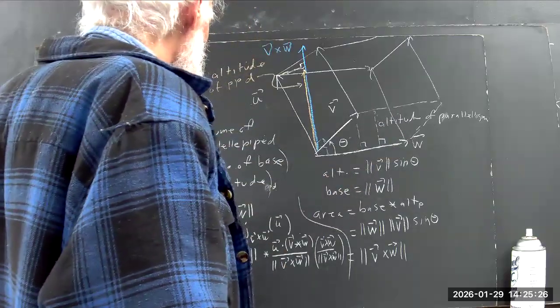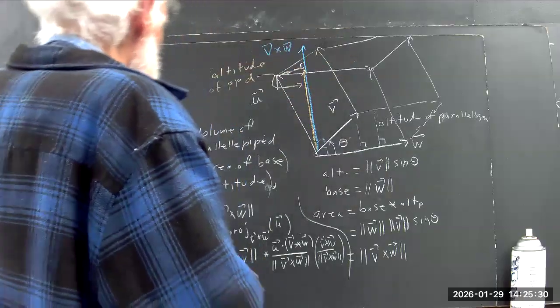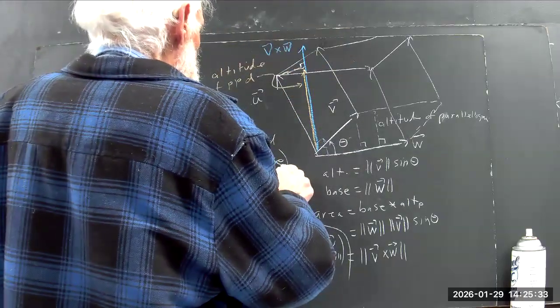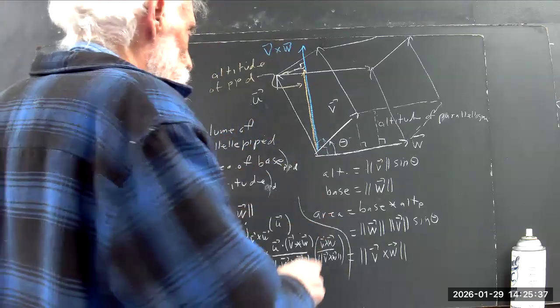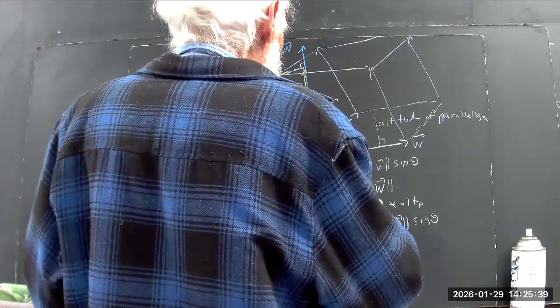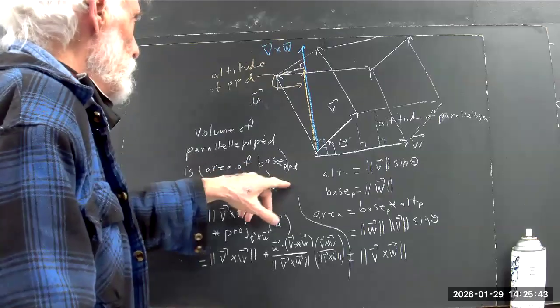And this parallelogram is now the base of the parallelepiped. So I should have maybe written base PPD here to be very clear that this base is not the same as this base. We'll call this base P. We'll call this base PPD.